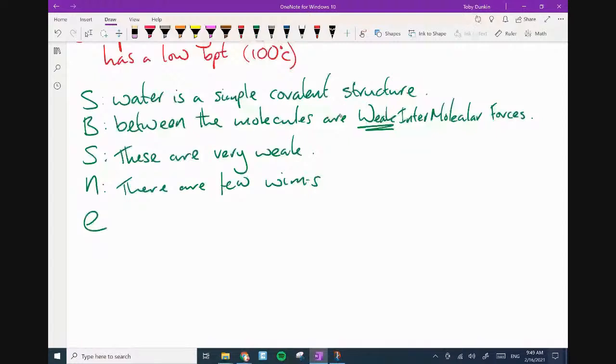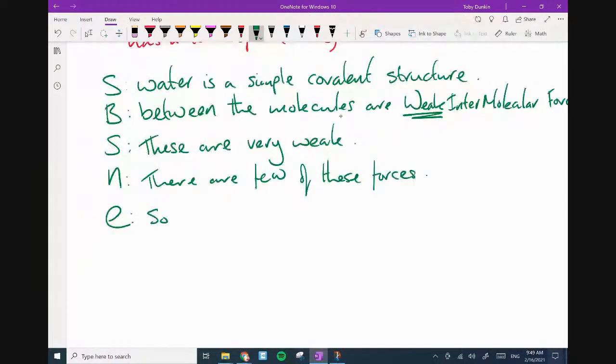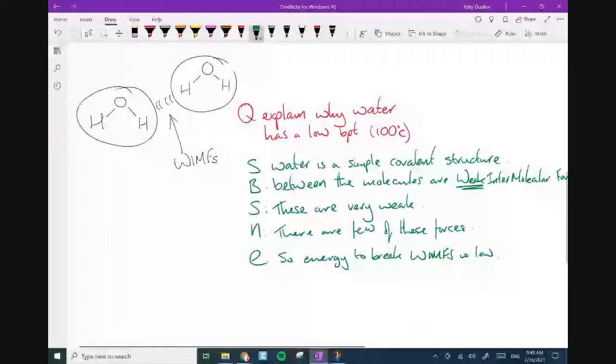I'm just reinforcing it, trying to say it as much as possible. But there are very few of these forces. That would be absolutely fine. So the energy to break WIMFs is low. You're done. This is really all we need to do.